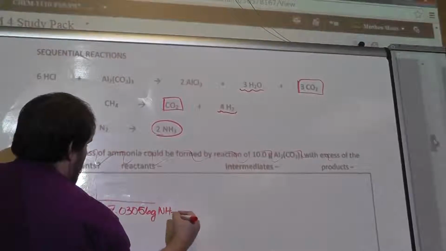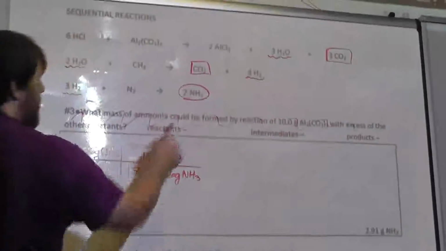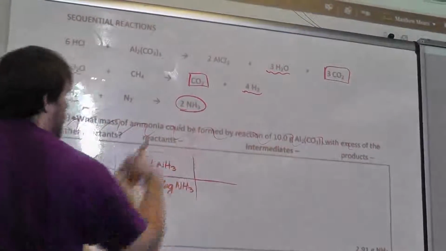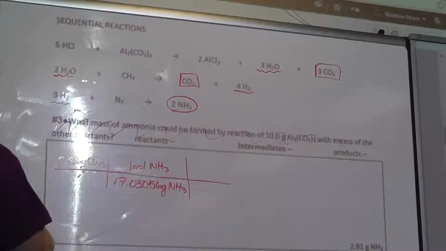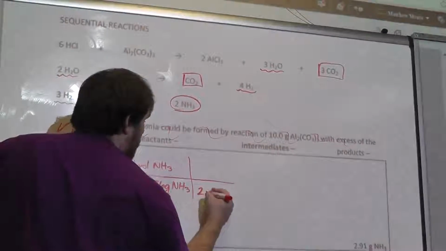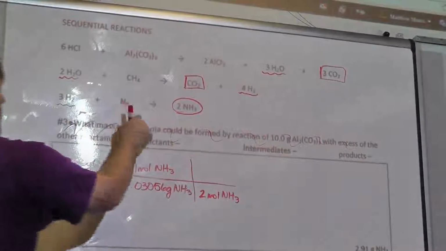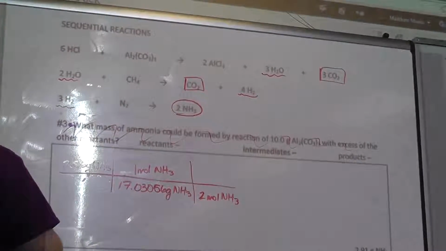So that's your grams of ammonia that you start out with, and that gets you into moles of ammonia. Okay, so that puts us here. So what is the coefficient for the moles of ammonia there? 2. So 2 moles of ammonia, and we're not wanting to go to nitrogen, we're wanting to go to our ferry point here. So what's our coefficient for our hydrogen? 3.